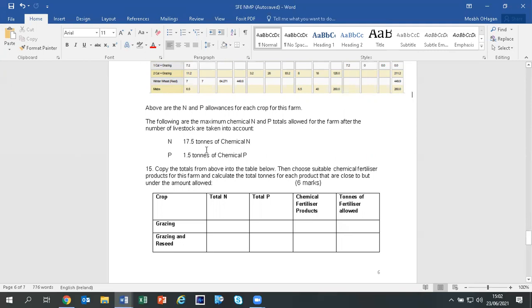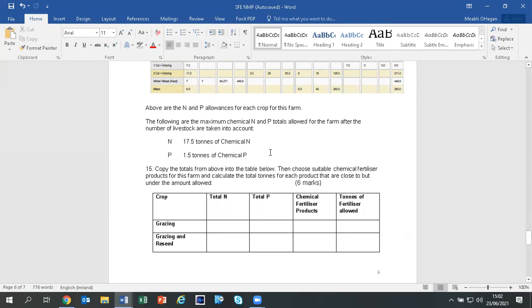For phosphorus, the maximum amount allowed to be spread is 1.5 tons of chemical phosphorus. So we need to make sure we select fertilizers and amounts that do not exceed those two figures, or we would be in breach of our cross compliance.